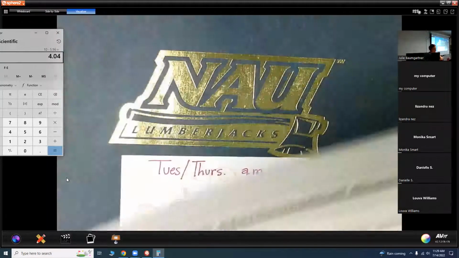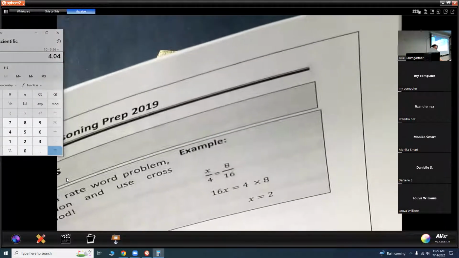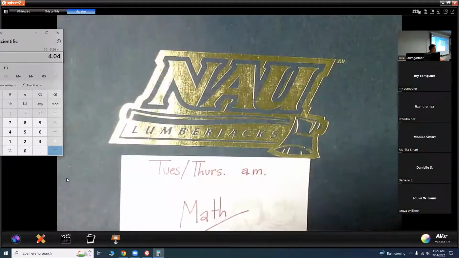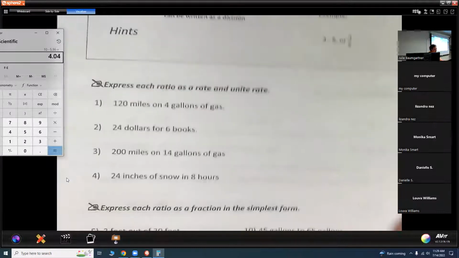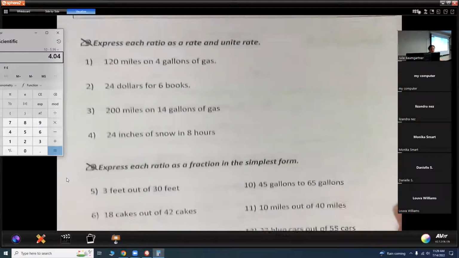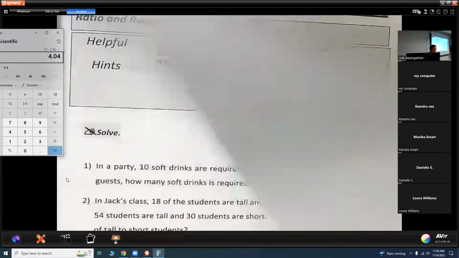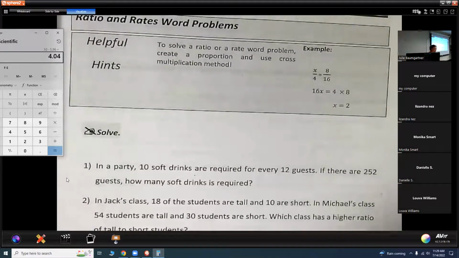All right. Hopefully everyone's feeling good. There's just some more ratio practice here. I don't know if you guys feel like you need more practice. But if you want to, you could look at pages 52 and 53.